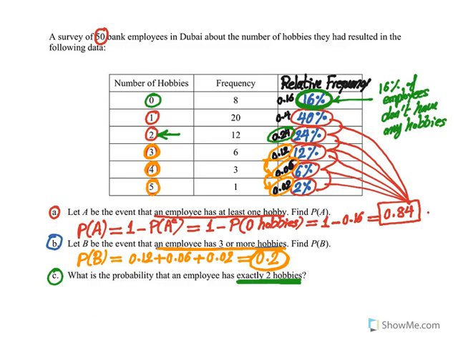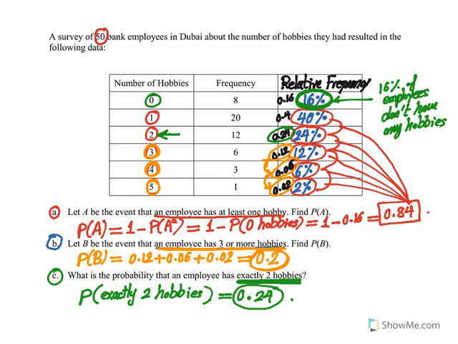So you can say probability of exactly 2 hobbies is equal to, as we saw, 0.24, which is 24%. Yeah, and this is the answer to this simple question.